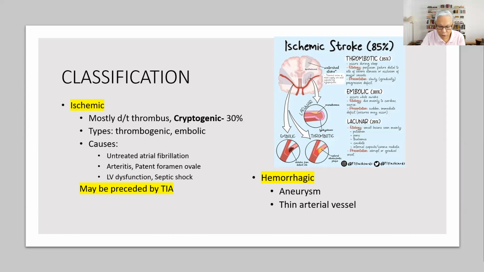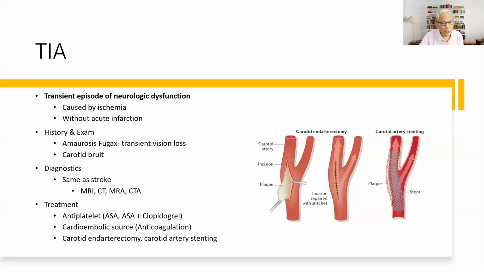When it ruptures, that would be the cause of the bleeding that is trapped within the cranium. This is usually common in thin arterial vessels. As they are smaller, they're more prone to rupture. So those are the two kinds of stroke.